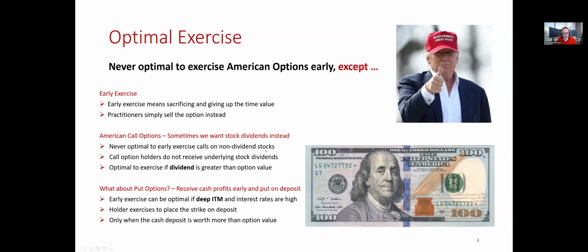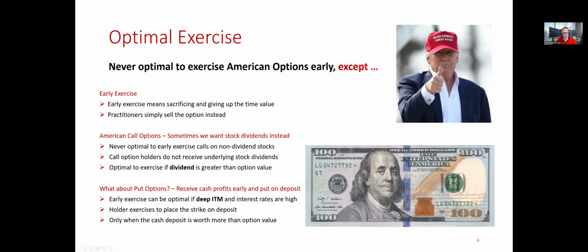If there's no dividend, it's never going to be optimal to exercise an American call early. Call option holders do not receive any underlying stock dividends. Sometimes it's optimal to exercise your option if the dividend value that you would receive from exercise is going to be greater than the option value itself.